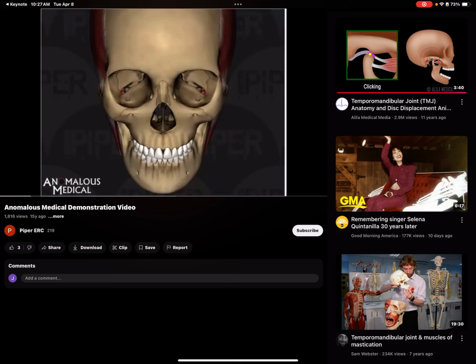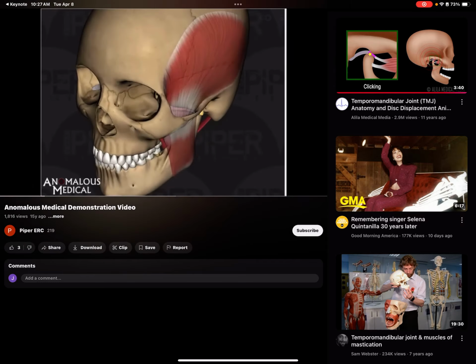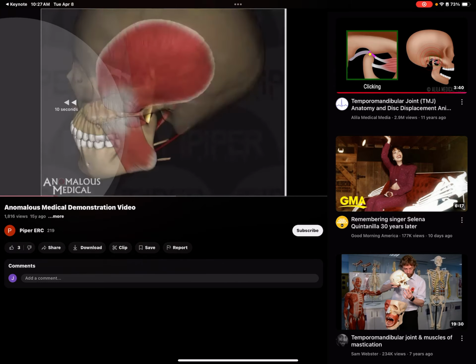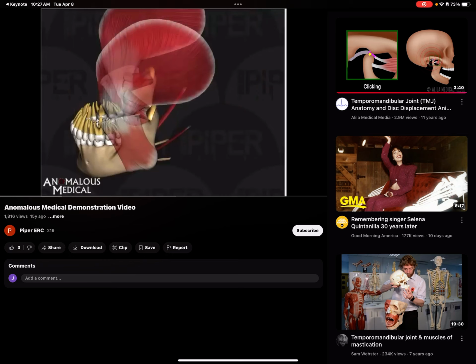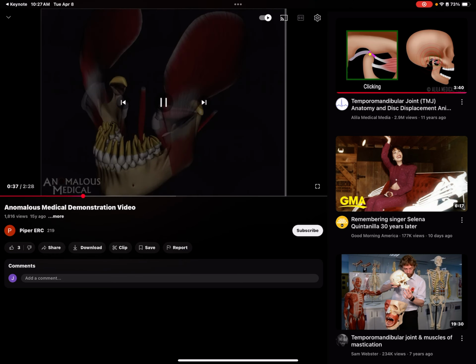So he's going into right lateral protrusion right now, so you can see the musculature. When you get to the posterior view in just a second, you'll be able to see a little bit more. So we're going into right lateral protrusion.